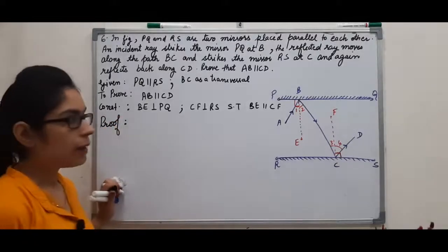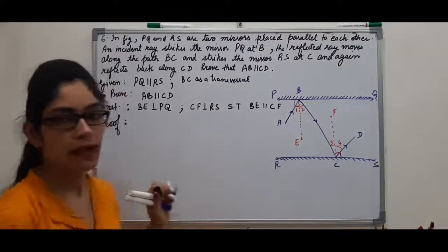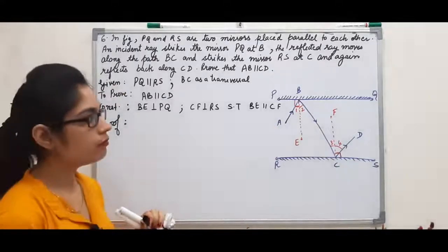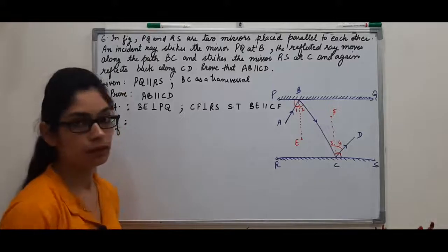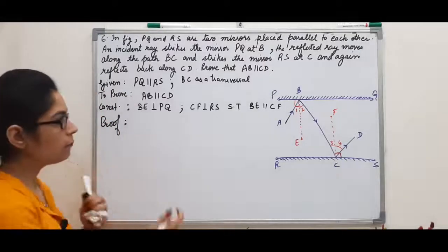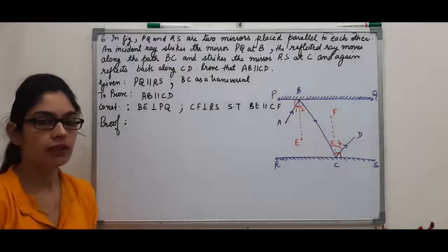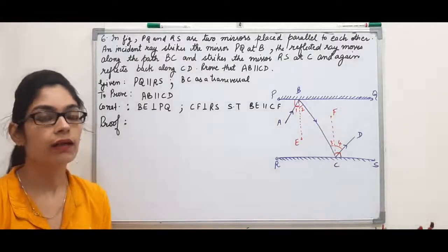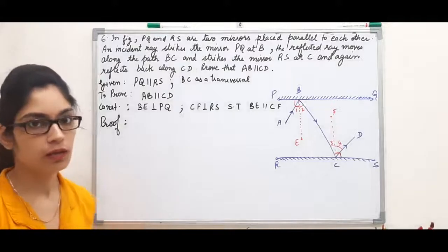Since we are talking about incident ray and reflected ray, here we have to apply the concept of laws of reflection. In physics we have already done it, that angle of incidence is equal to angle of reflection.